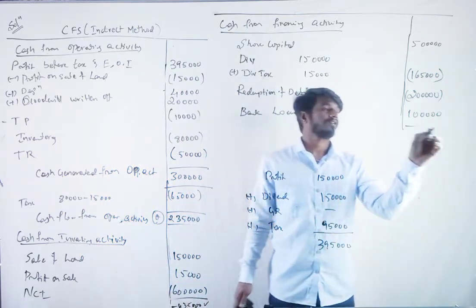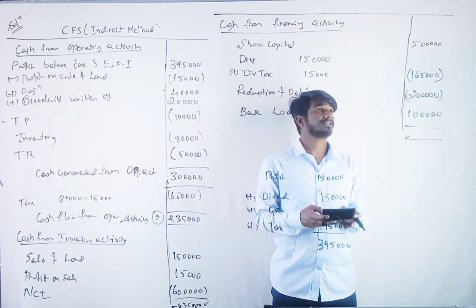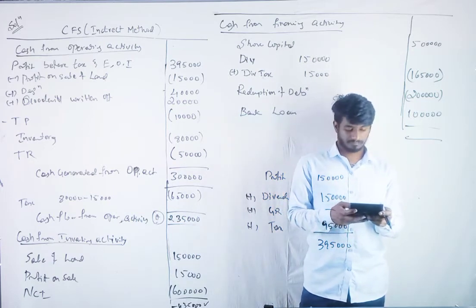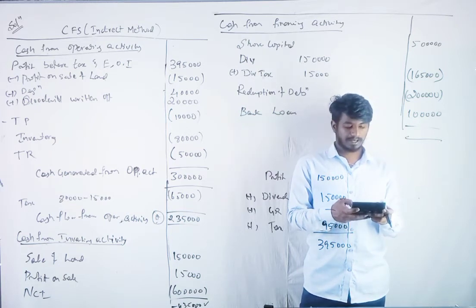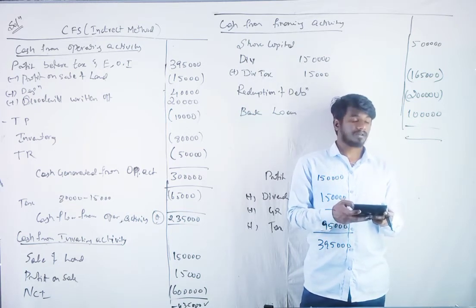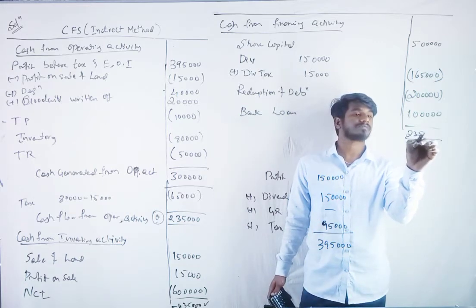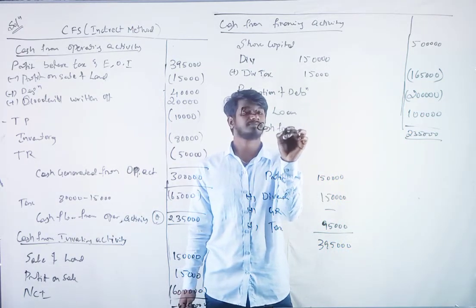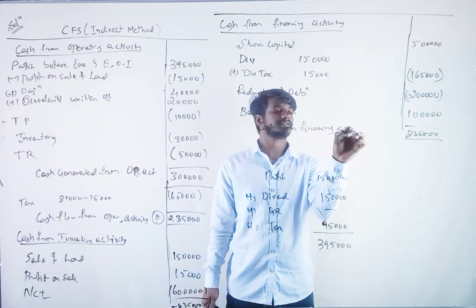Then 5 lakh minus 1,65,000, minus again 2 lakh, plus 1 lakh rupees, 2,35,000. Cash from financing activity.